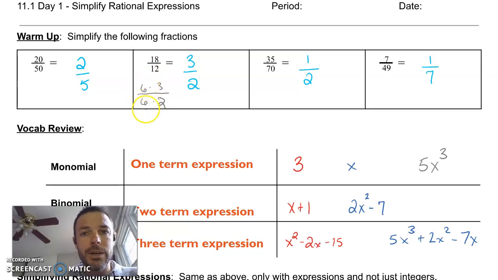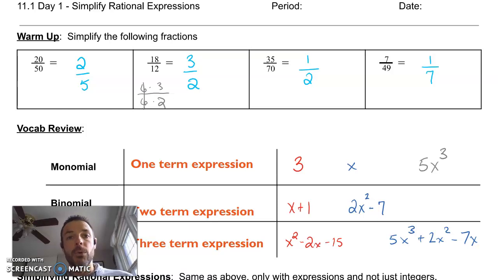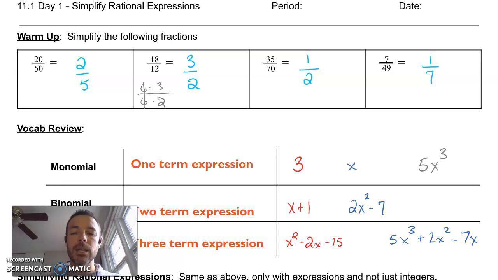But what is 6 divided by 6? Well, that's 1. We know that. We say that cancels. That 6 over 6 cancels. It doesn't really cancel mathematically. It's equal to 1. When you're dividing something by itself, it's equal to 1. And so that cancels. That's an important concept that we're going to be talking about as we move forward in this video and in this lesson.